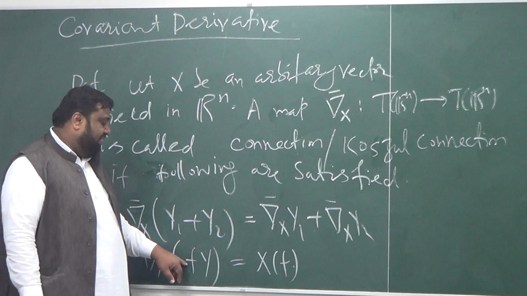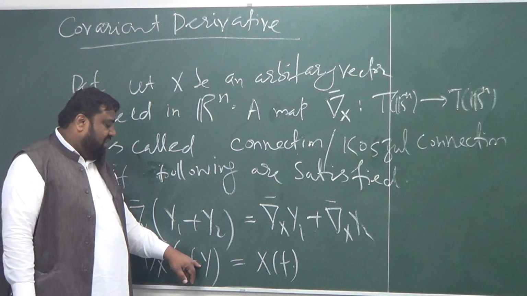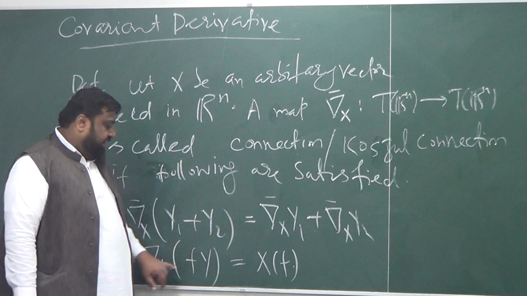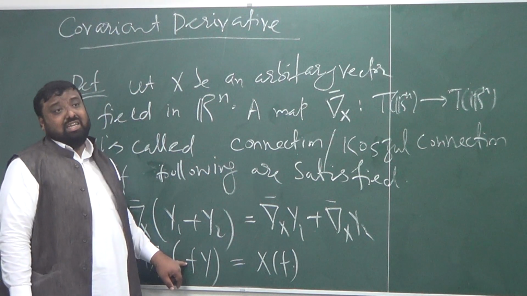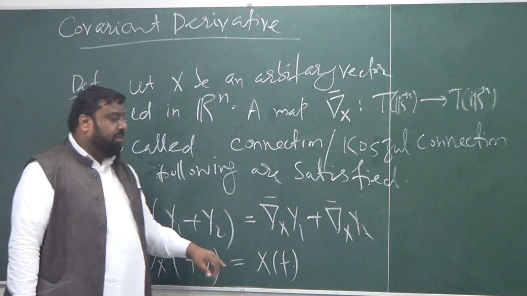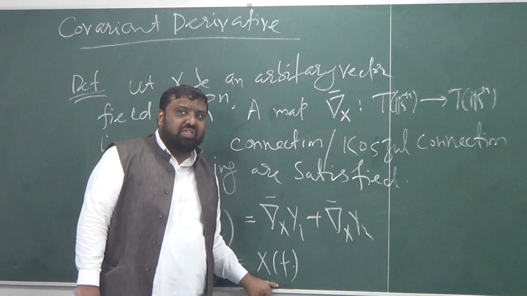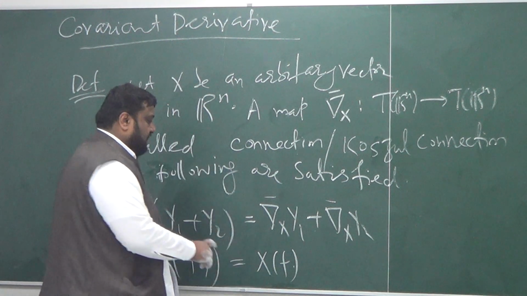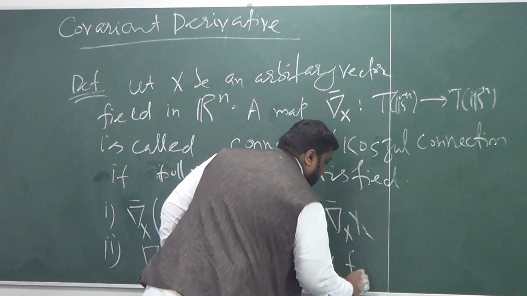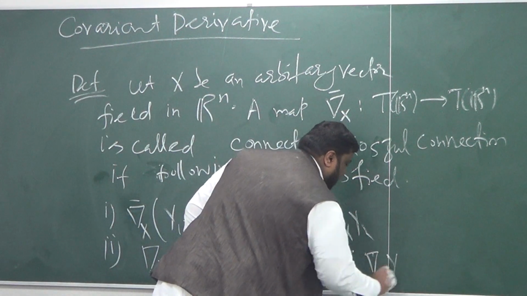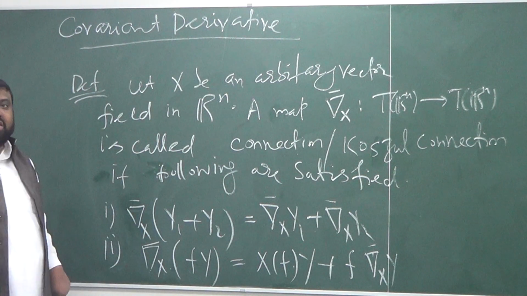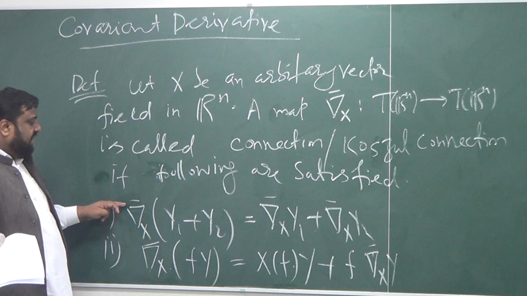Del X operated onto f multiplied by Y gives f multiplied by del X operated onto Y, plus Y multiplied by del X operated onto f. But del X operated onto f is classical, the classical directional derivative. And I represent the classical directional derivative with this notation: X f.